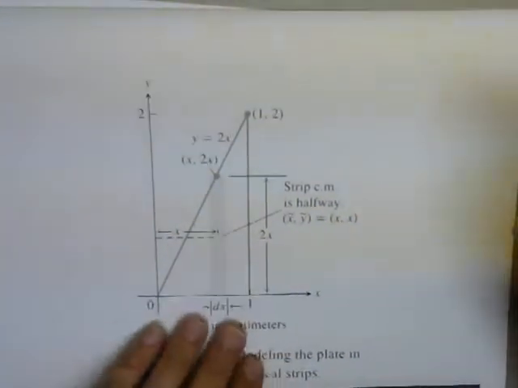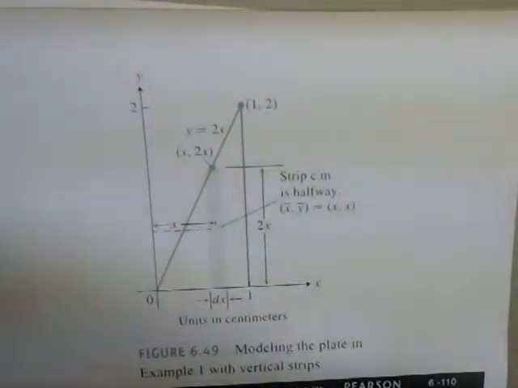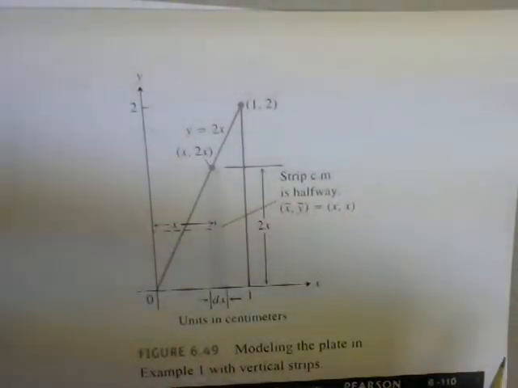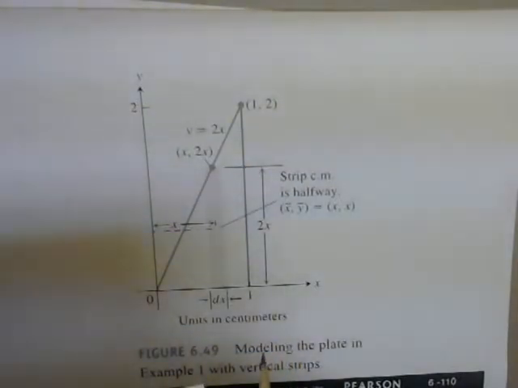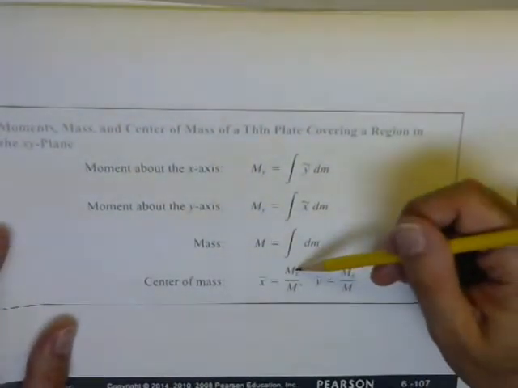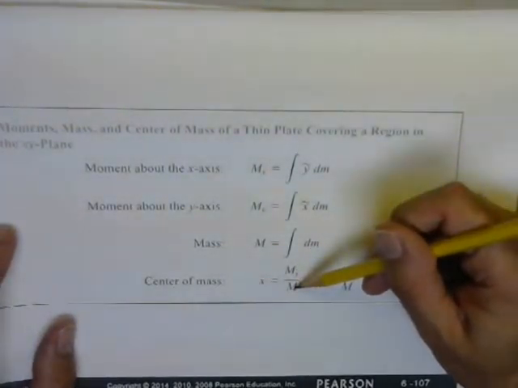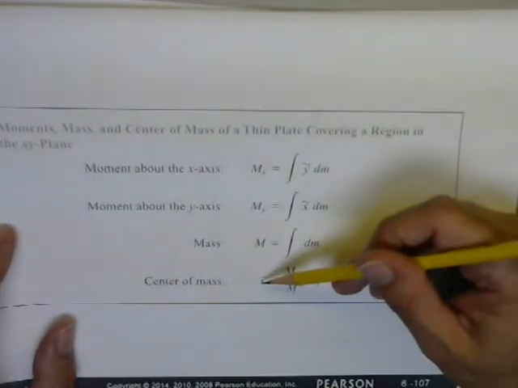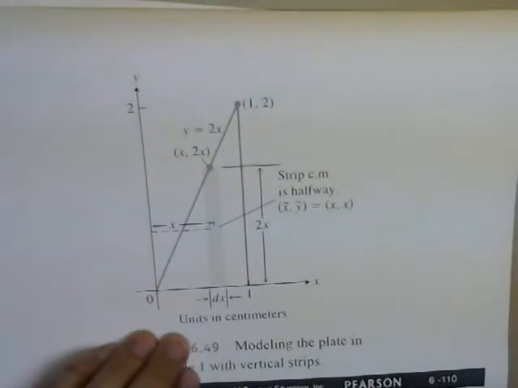And so what we want to do in this case, if you want to look at the moment in the y direction, if we want to calculate m sub y first, and then the mass of the plate, and then divide them, right, to get the x-coordinate of the plate center of mass. We're not going to worry about calculating the y center of mass in this particular case.